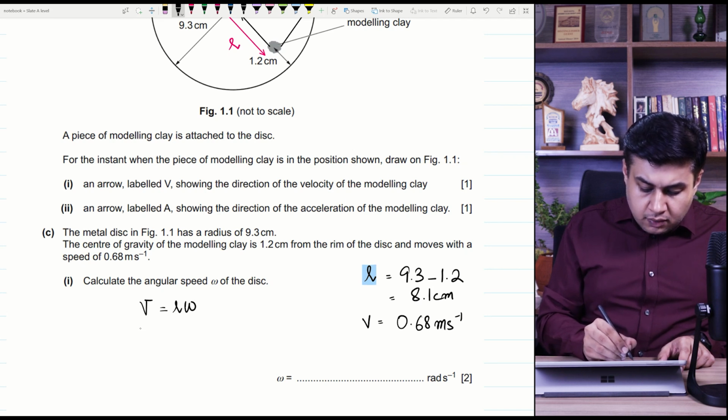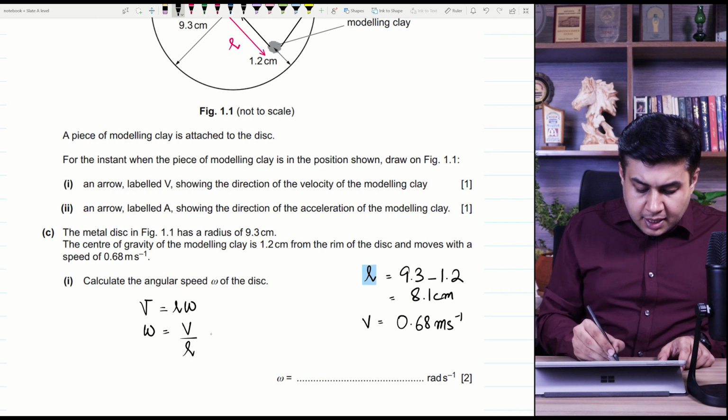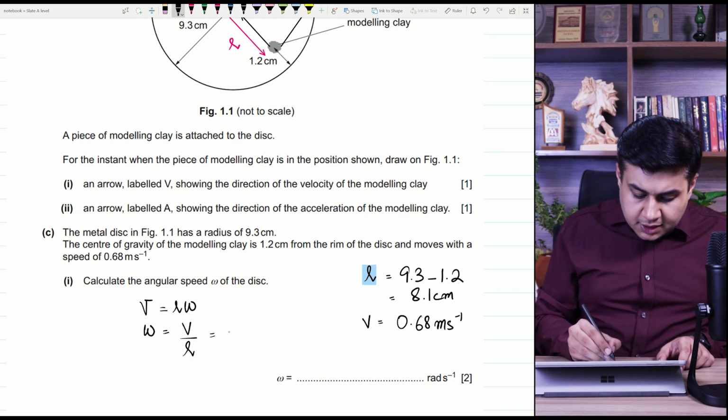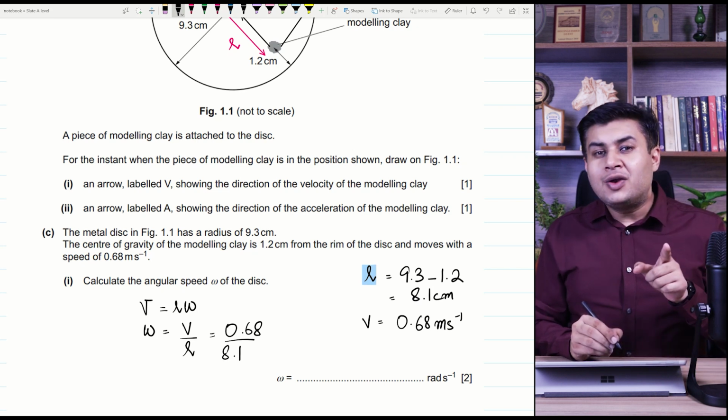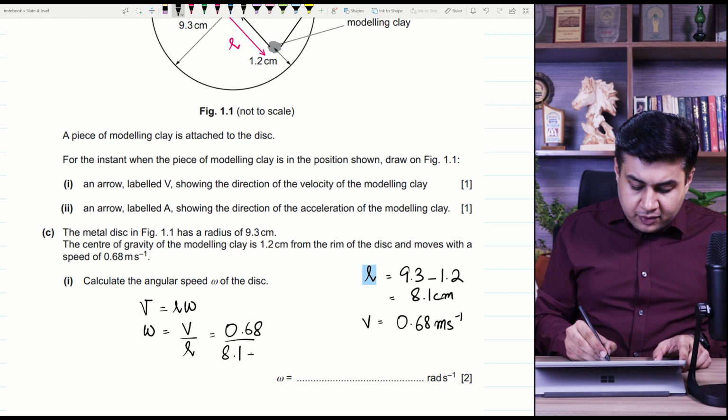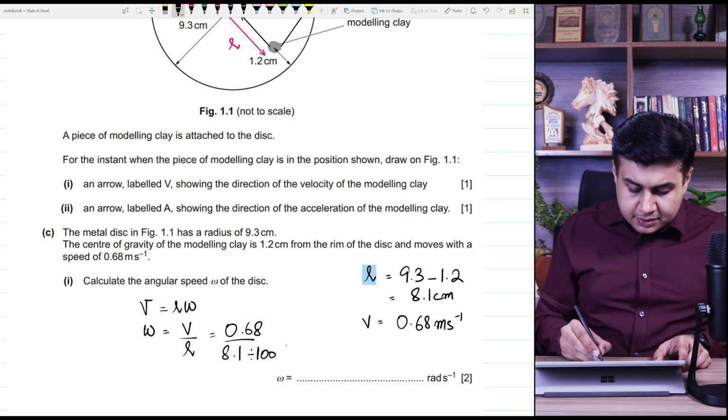Angular velocity, angular speed, is equal to V divided by radius. Velocity is 0.68, radius is 8.1, and you need to convert it in meters, so you will divide it further by 100.